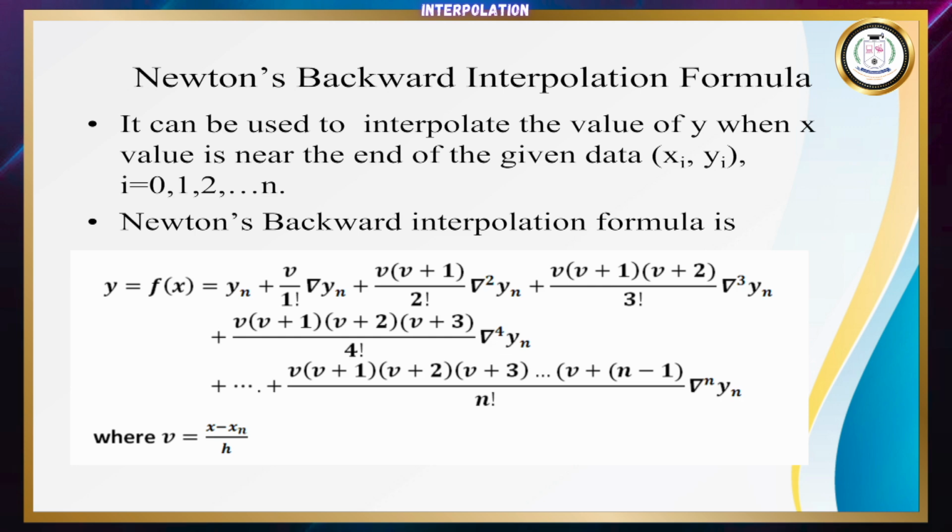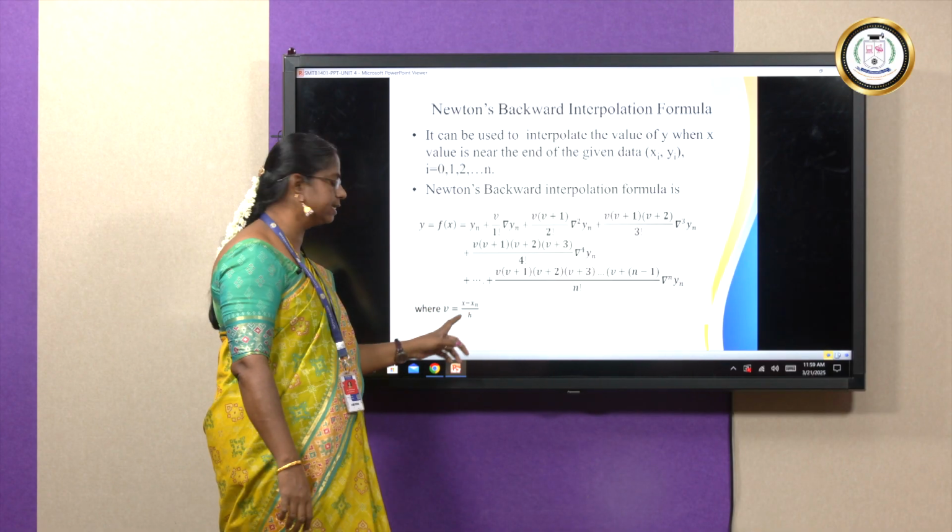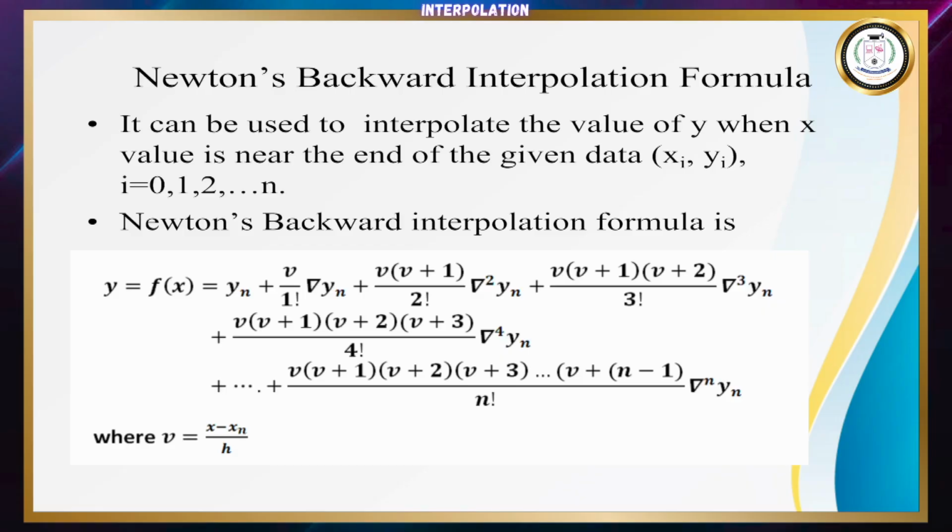It is a finite series where v equals x minus xn by h. This is the backward interpolation formula.